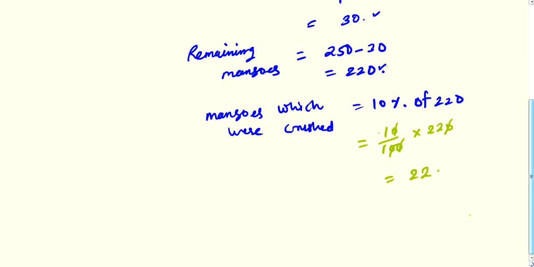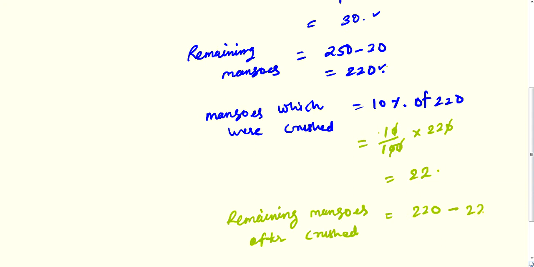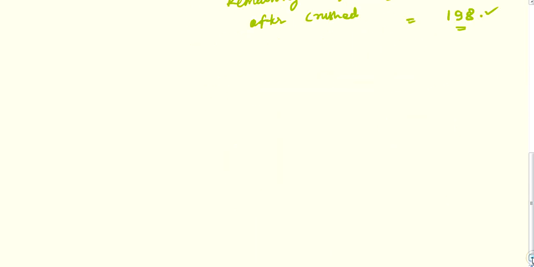The remaining mangoes after crushing: 220 minus 22 is 198. Hence 198 mangoes are in good condition. Almost all the questions have a similar pattern like question number 1. Next, question number 2.